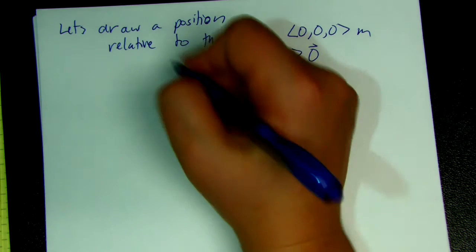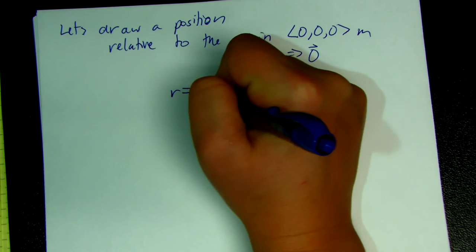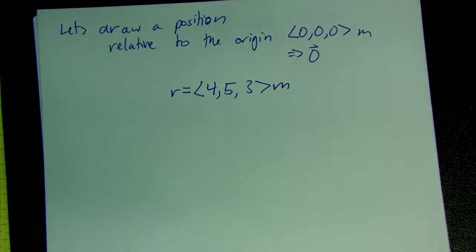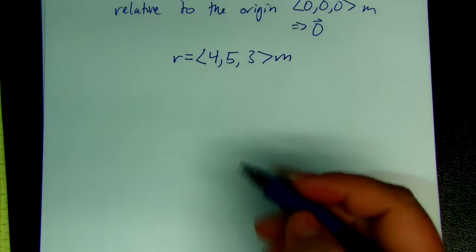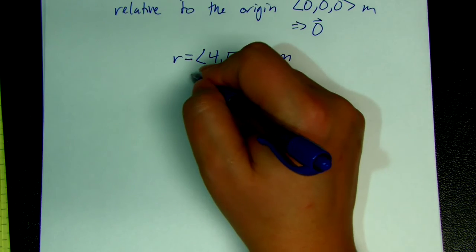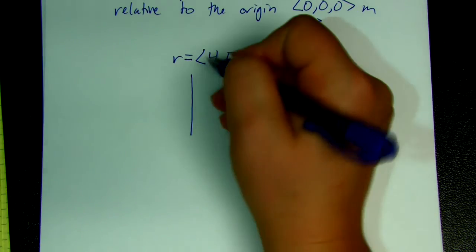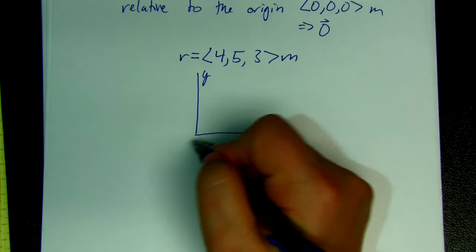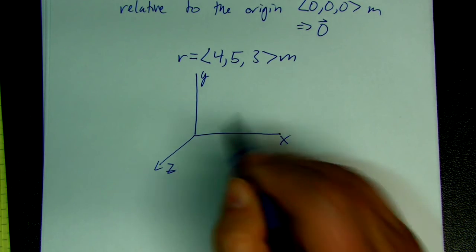Okay, so if we had a position vector, R is equal to 4, 5, 3 meters. I think this is going to be the last three-dimensional vector that I try to draw today, I hope. So we have our Y, we have our X, and we have our Z coming out.